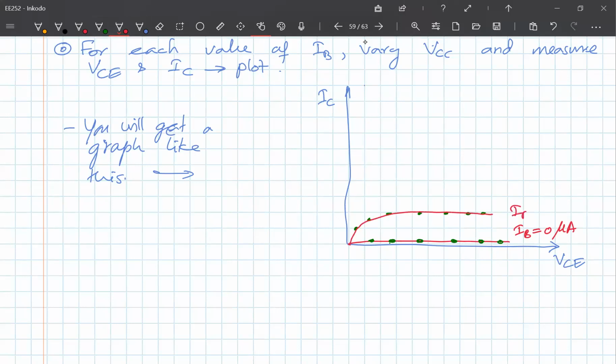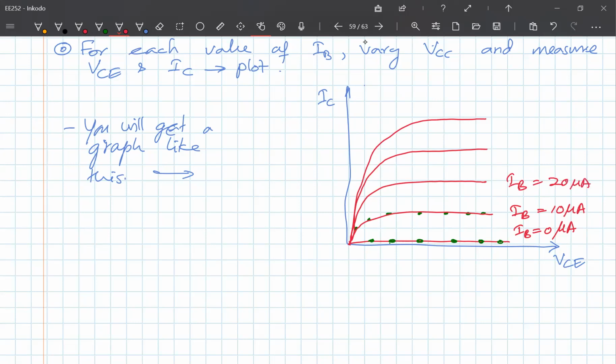This is IB equal to 10 microamperes. Similarly, you can change the IB value to 20 microamperes, 30, 40, like that. You can see they will vary like that.